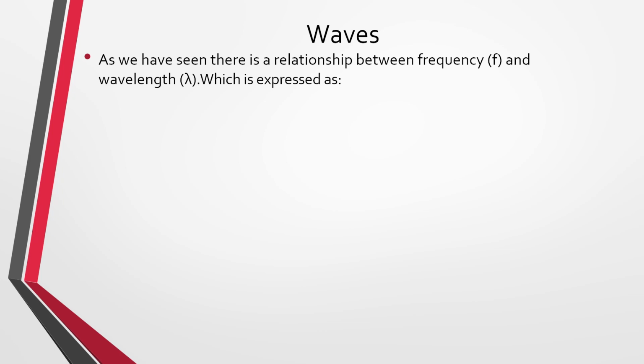And as we've seen, there is a relationship between frequency and wavelength, and this relationship can be expressed in this equation here, which is v. v is the speed at which the wave travels, in the direction of its traveling, and v equals f times lambda, where lambda is the length of the wavelength, and f is the frequency.